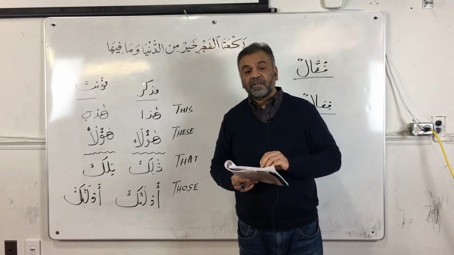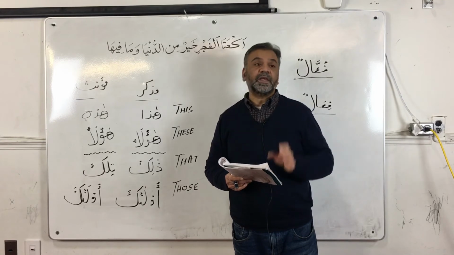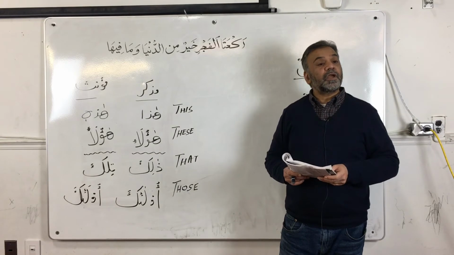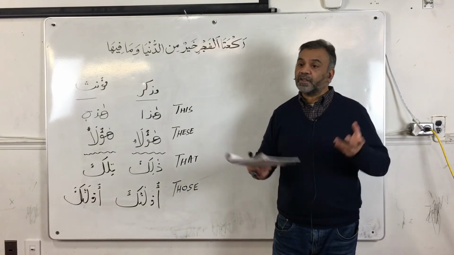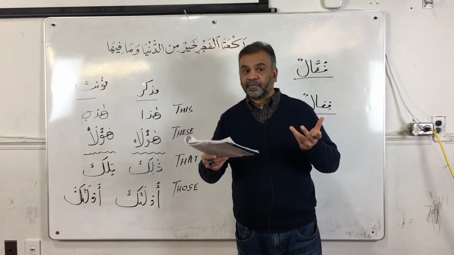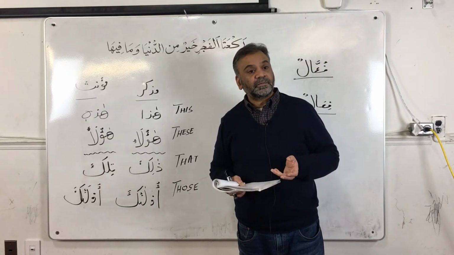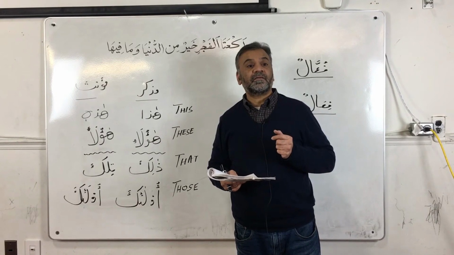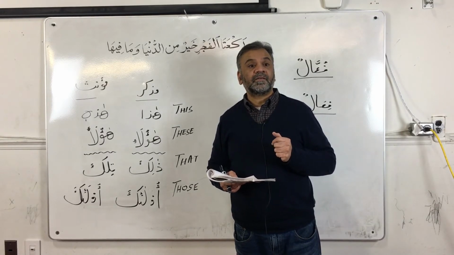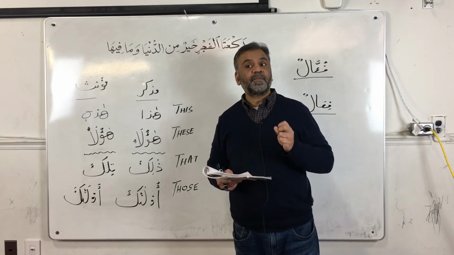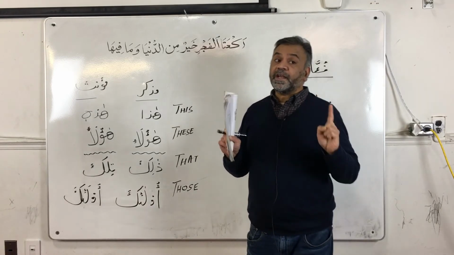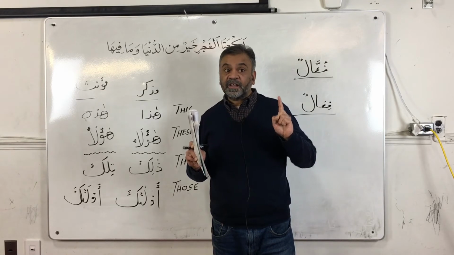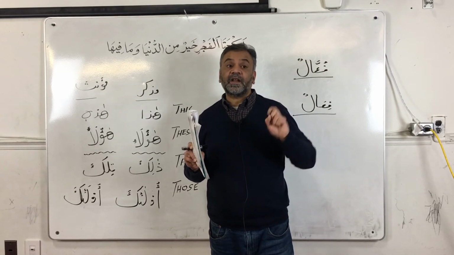The answer is zahabu ilal mat'ami. What kind of sentence is that? Jumla fi'liya. What are we looking for in jumla fi'liya? The action and the doer of the action, fi'l and fa'il. Where is the fa'il? Zahaba. Where is the fa'il? The fa'il is only hidden, or mustatir, in the third person, masculine and feminine, huwa and hiya.